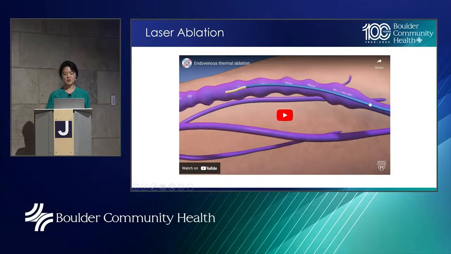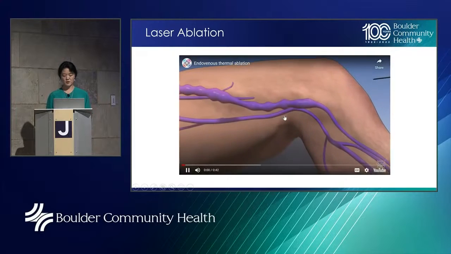So prior to this picture, the leg's already been prepped, I've already numbed up the skin, and I've already inserted the laser catheter. And then what happens is we numb up the skin around this vein with what's called tumescent anesthesia, and that helps protect the skin and the surrounding tissue from being burned once the laser is turned on. Because the laser is only supposed to treat the vein itself.